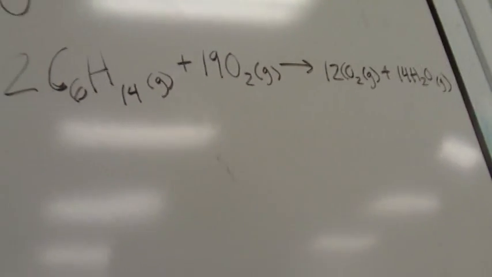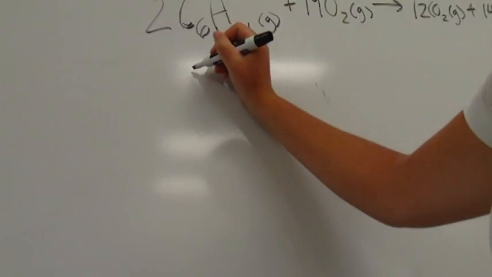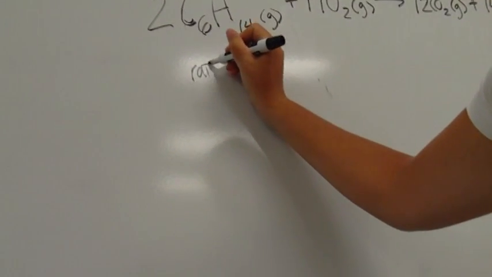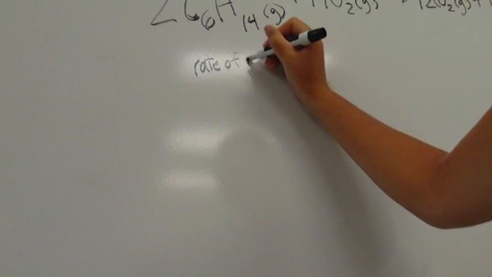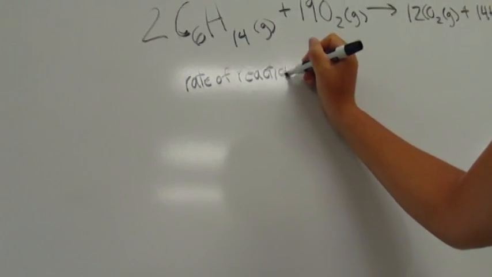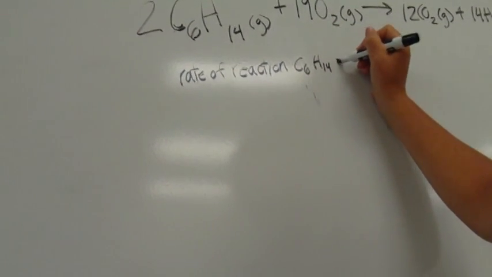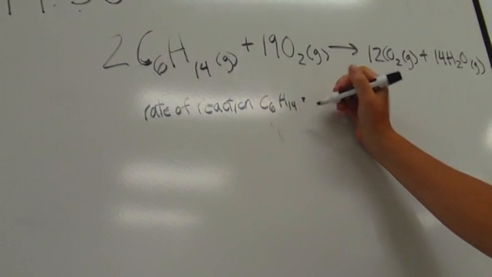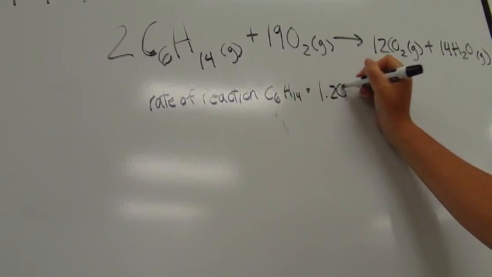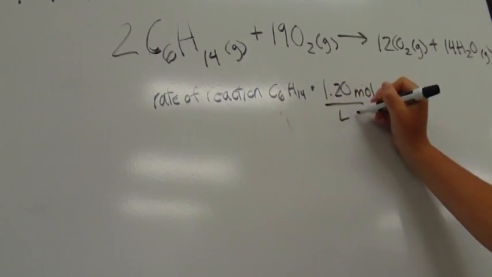All right, and so they tell us the rate of reaction for hexane is equal to 1.2 moles per liter per second.